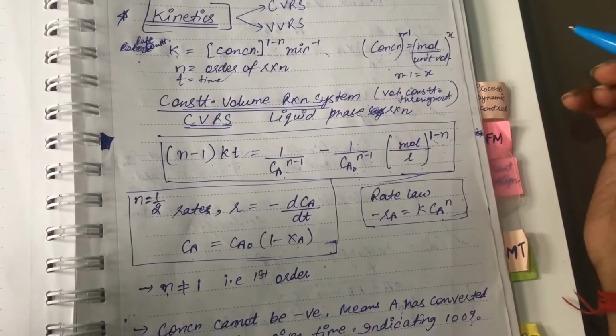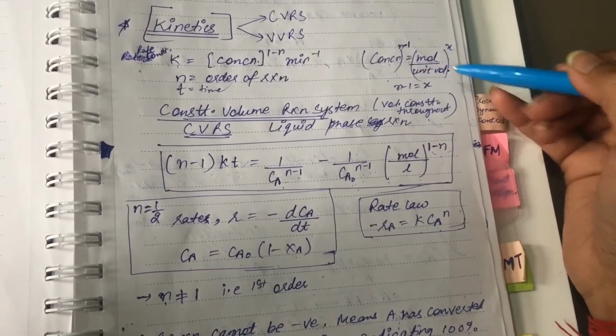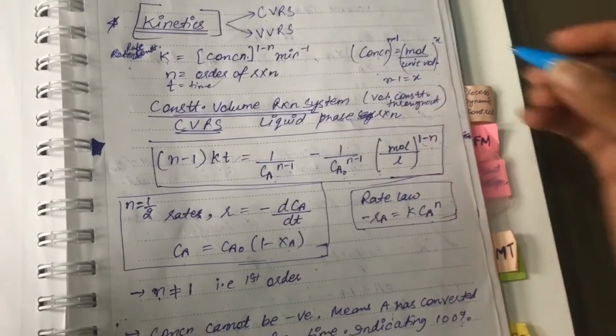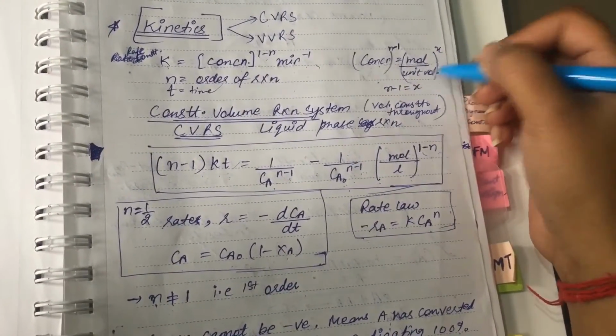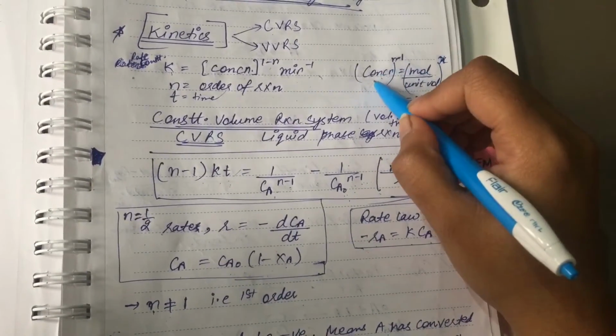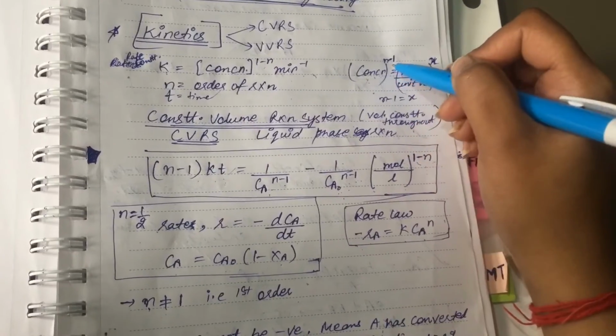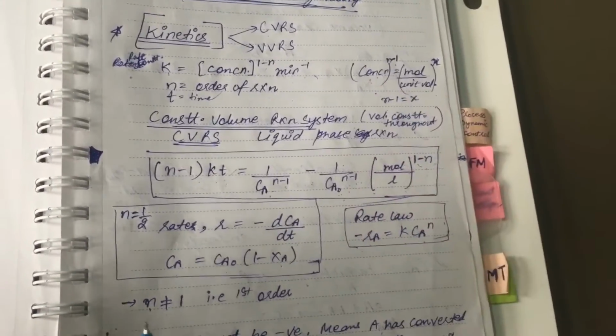If in any question concentration is given in some units, like moles per unit volume to the power some x value, then we can compare it with concentration to the power 1-n, and from there we can calculate our n.